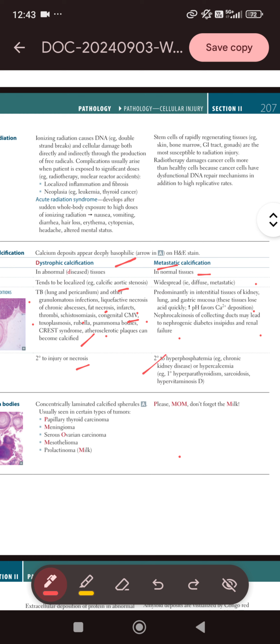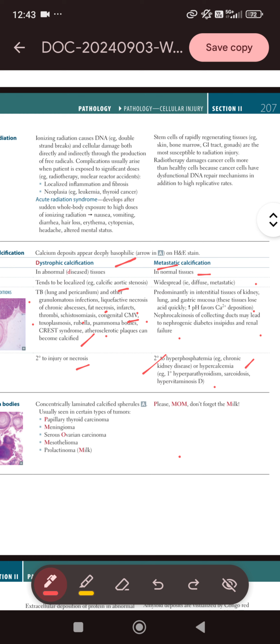It is secondary to hyperphosphatemia, for example chronic kidney disease, or hypercalcemia, for example primary hyperparathyroidism, sarcoidosis, hypervitaminosis D. I suggest you know the definition of it.